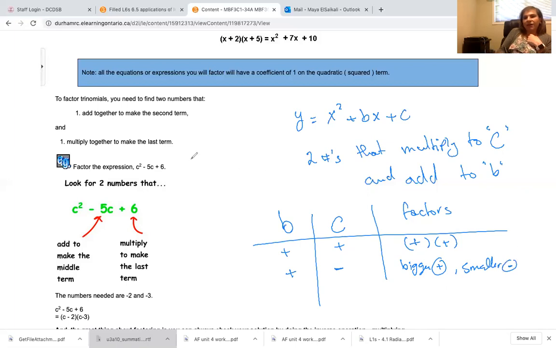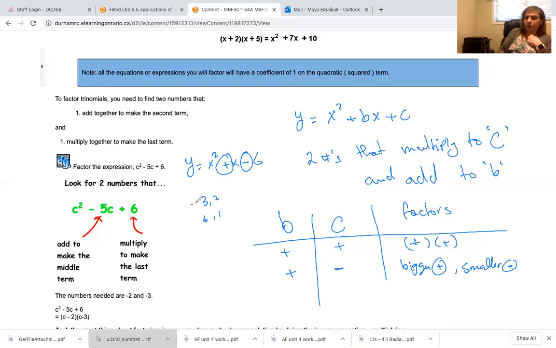So if I have a case where I have, let's say, y equals x squared plus x minus 6, right? So in this case, my factors for 6 are 3 and 2, 6 and 1, okay? So in this case, because b is positive and c is negative, then the bigger number is going to be positive and the smaller number is going to be negative.